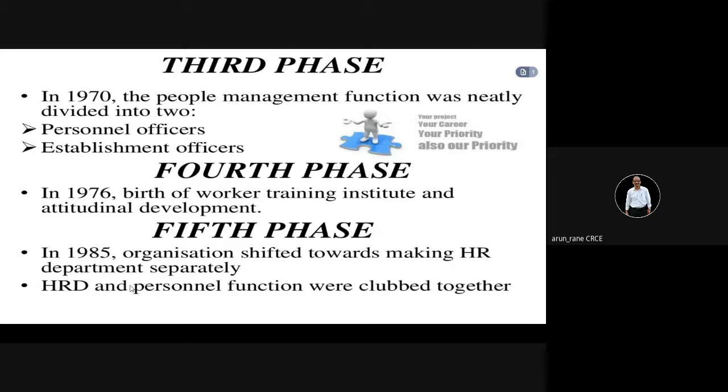In the fifth phase, that is 1985, organizations shifted towards making the HR department separate altogether.